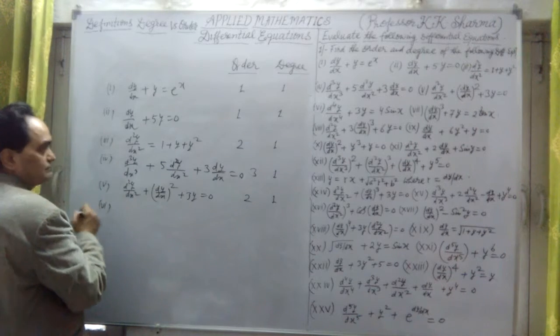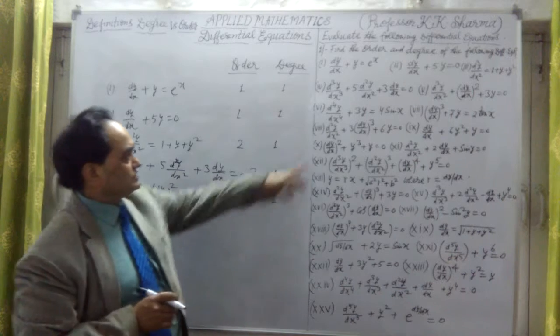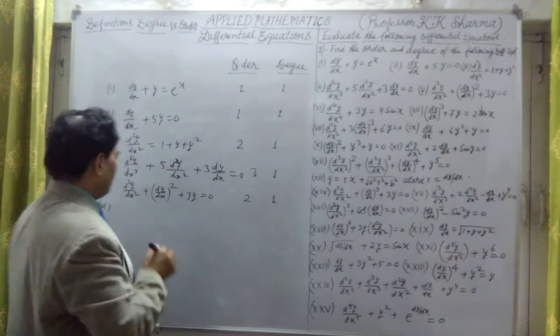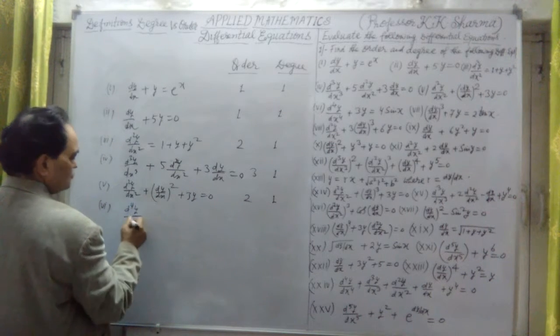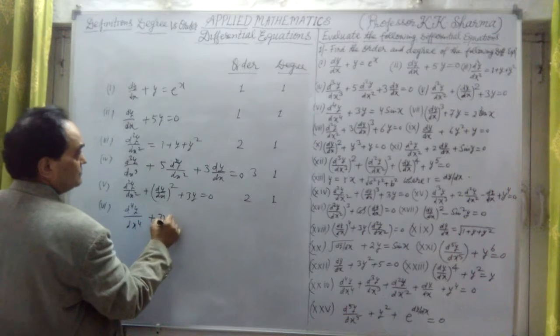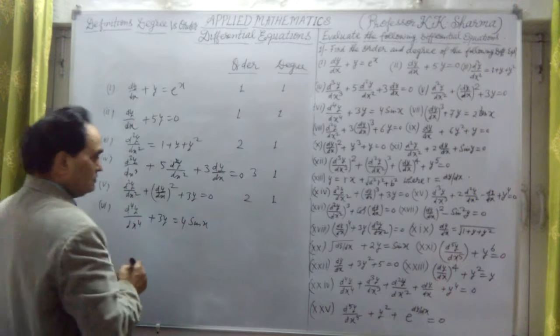Now the sixth question, number 6. The sixth equation is d⁴y/dx⁴ plus 3y equal to 4 sin x.